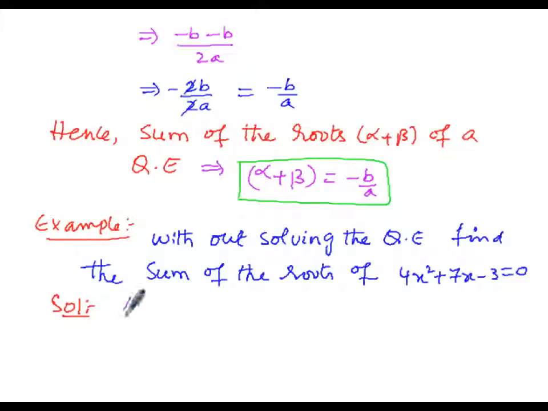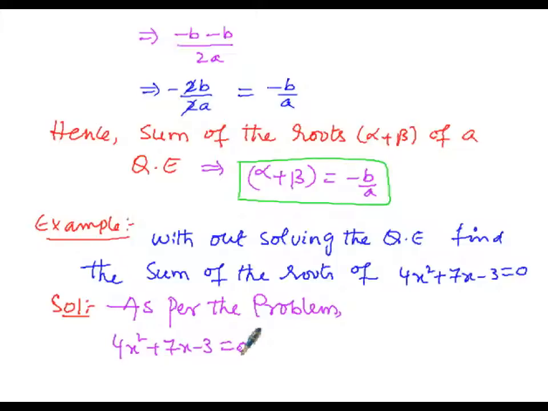So as per the problem, the quadratic equation which is given to us is 4x square plus 7x minus 3 equals 0. This compares with ax square plus bx plus c equals 0, which is nothing but the general form of a quadratic equation.